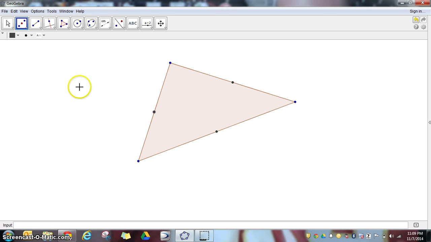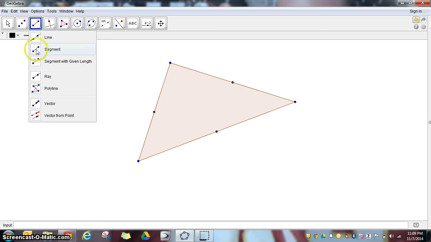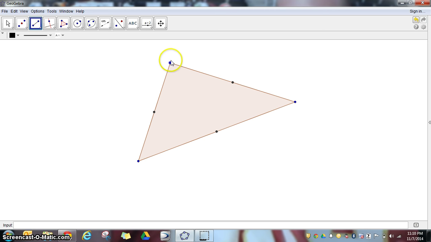And there it is. So now all we have to do is go over here and get the line segment tool and draw lines from the vertex to the midpoint, from the vertex to the midpoint, and from the vertex to the midpoint. And what you've created there are the medians of that triangle.